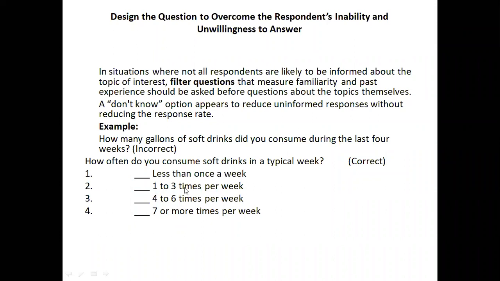Maybe 1 to 3 if they say 900 ml, 4 to 6 means 1.8 liter, 7 or more means more than 2 liters per week. So this is a very useful and meaningful way of collecting the information from the respondents, instead of asking them how many gallons of soft drinks did you consume in the last 4 weeks.